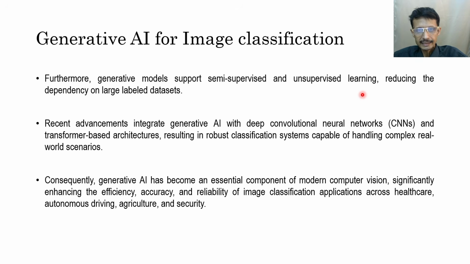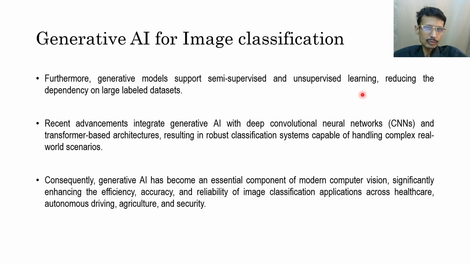How CNN-like architectures, when put in a kind of transformer setup, help this kind of image classification task more accurately. Consequently, generative AI becomes an essential component of modern computer vision, significantly enhancing the efficiency, accuracy, and reliability of classification applications across healthcare, autonomous driving, agriculture, and many more.